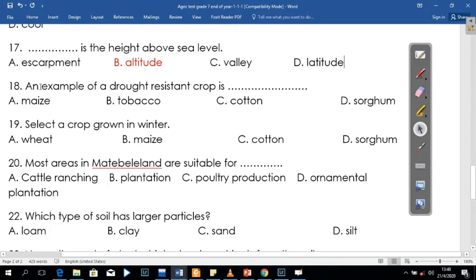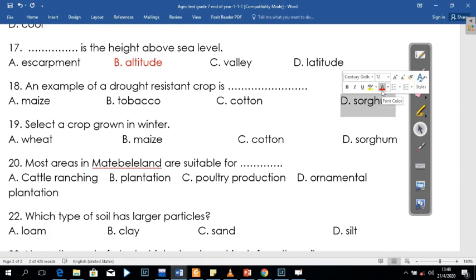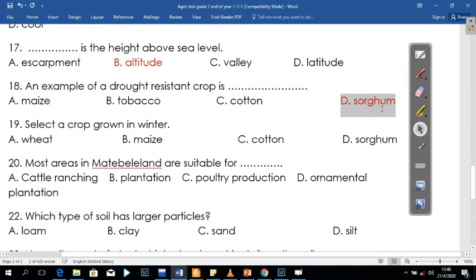Going on, number 18, an example of a drought resistant crop is, right? Definitely it's not maize, it's not tobacco, it's not cotton, so it's sorghum, right? This one is a drought resistant crop, right? Select a crop grown in winter.